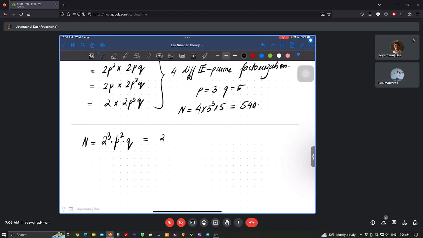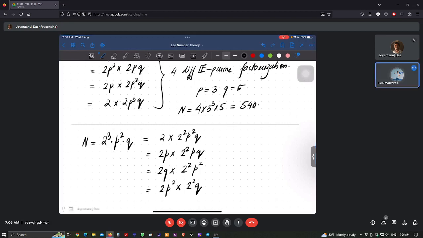One is of course 2 into 2 squared p squared q. Then we have 2p into 2q into p squared. And finally we have 2p squared into 2 squared q. These are the 4 factorizations.